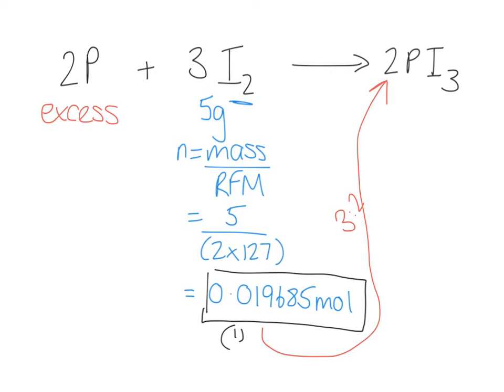So what this means is divide by 3 and times by 2 to get the number of moles of phosphorus iodide. So you always divide by the number you had and times by the number you're going to. So if we divide 0.019685 by 3 and multiply by 2, we get that we have 0.01312 moles of phosphorus iodide formed.